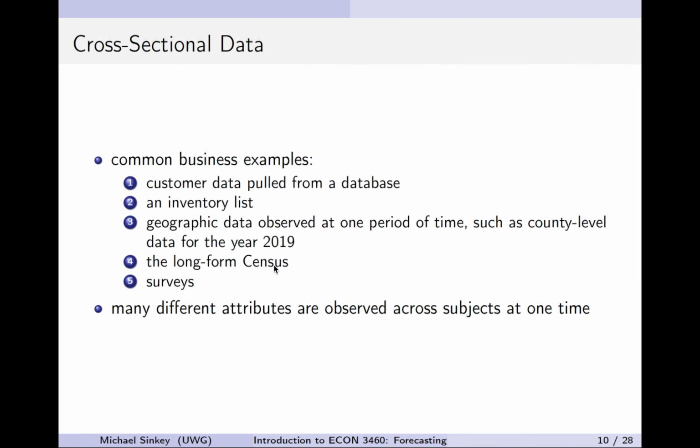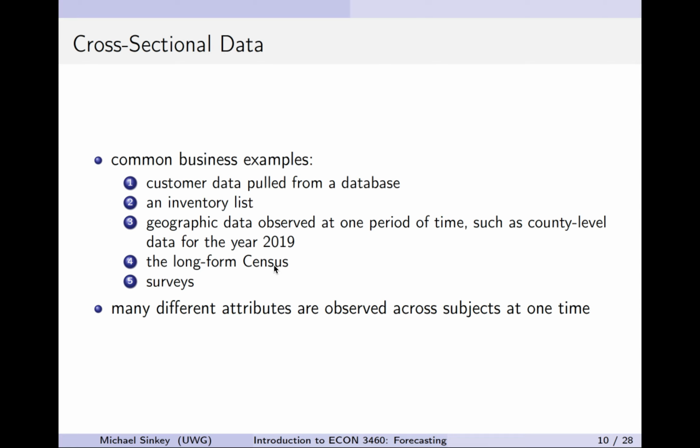So let me give you some common examples of cross-sectional data. One is customer data pulled from a database. So when you purchase an item from, let's say, a clothing retailer, you fill out some information. You fill out your address. They know which items you purchased. They know how much you spent.